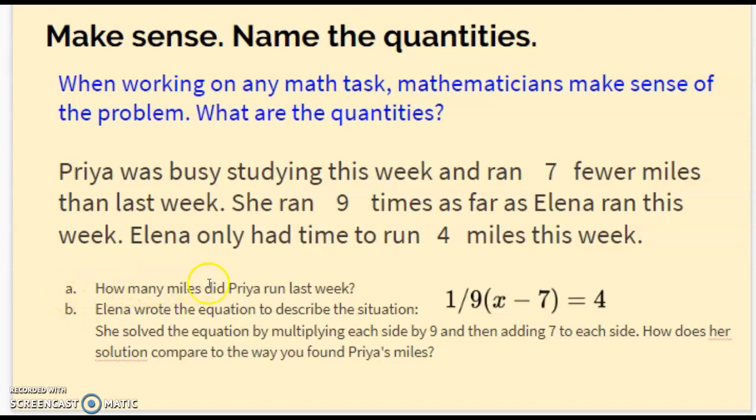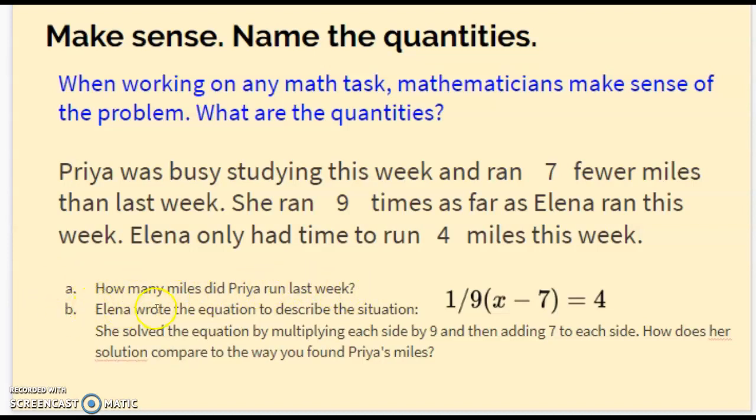A, how many miles did Priya run last week? Elena wrote the equation to describe the situation. Her equation says 1/9 times the quantity x minus 7 equals 4. She solved the equation by multiplying each side by 9 and then adding 7 to each side. How does her solution compare to the way you found Priya's miles? Part A says, how many miles did Priya run last week?